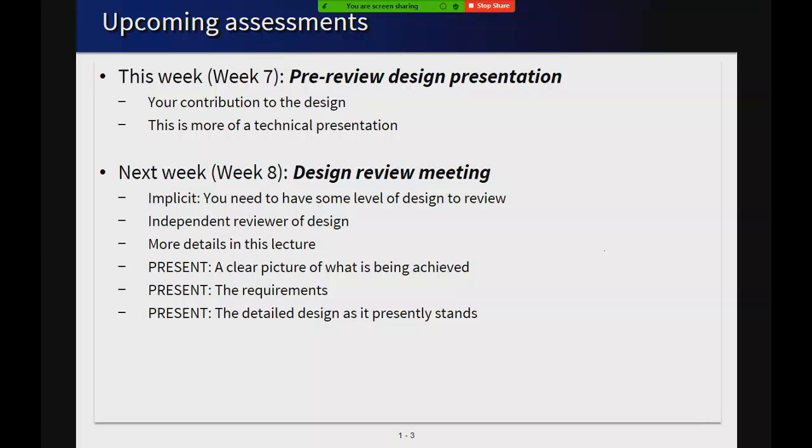Now, it's okay to talk about your requirements, it's okay to say, I contributed to these requirements. But in that process, you need to show how you contributed to the aspects of your design that satisfy those requirements.